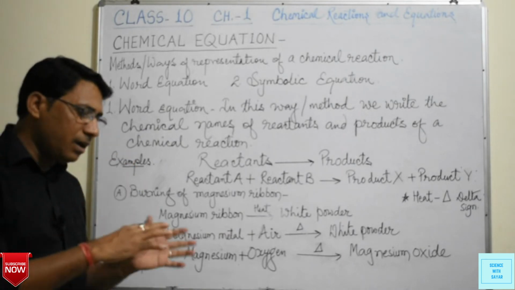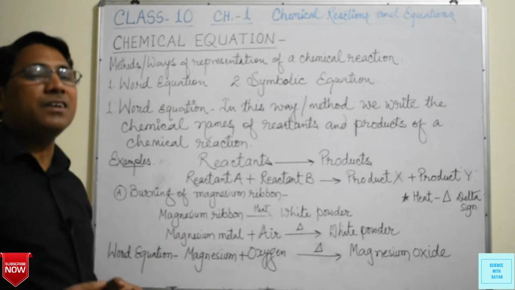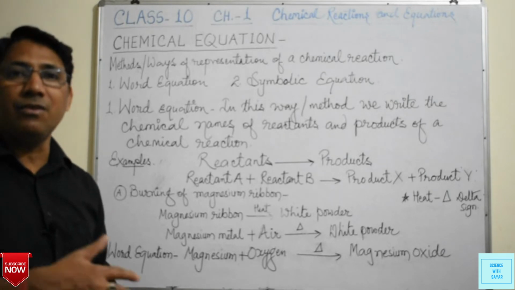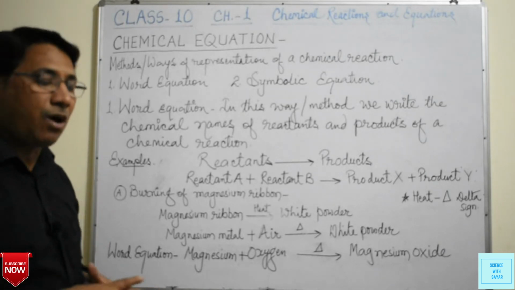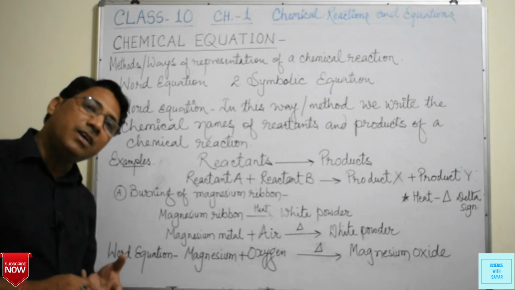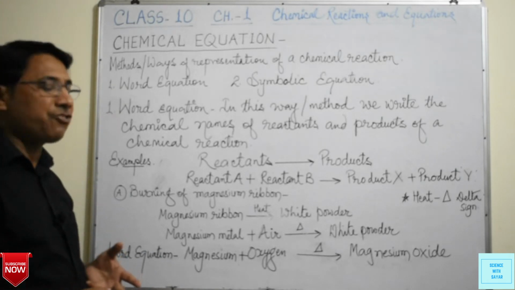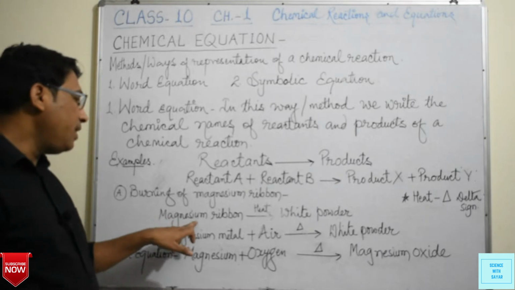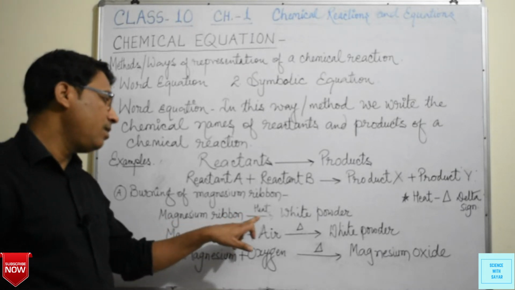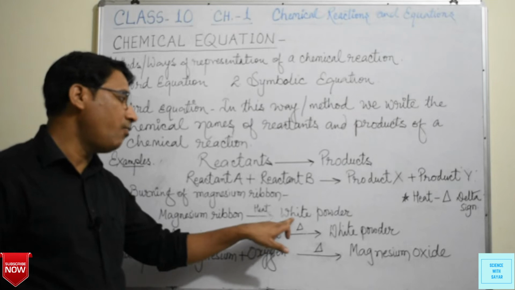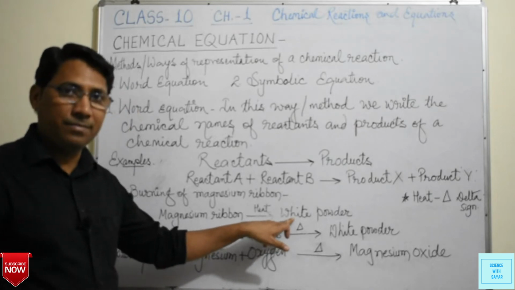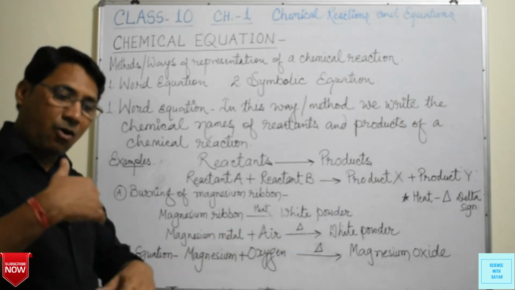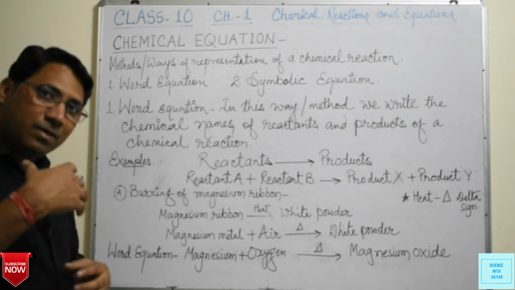This chemical reaction can be represented as an equation, and firstly we are studying the word equation. How can we represent this reaction as a word equation? It can be shown as magnesium ribbon; if we heat it, a white powder is formed. How can we simplify it?